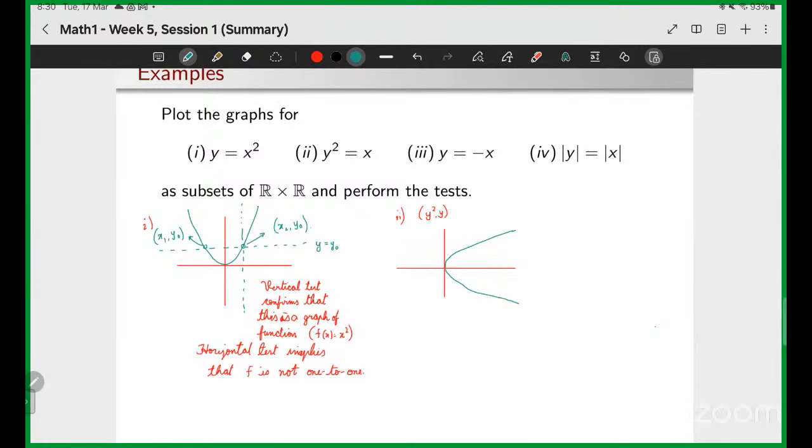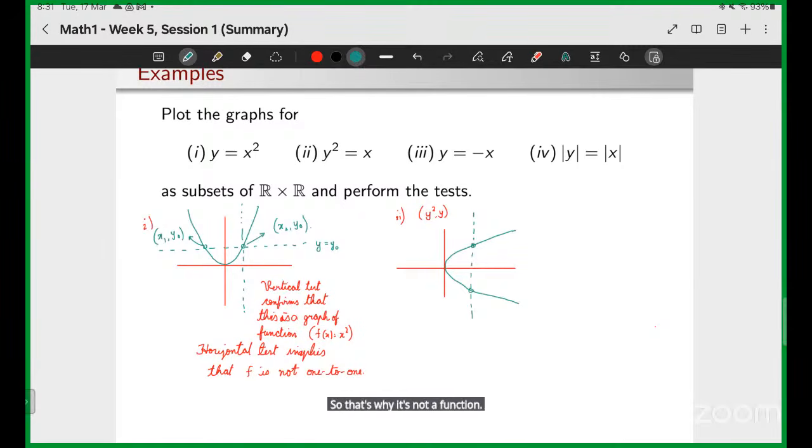Now, what does the horizontal and vertical test say? Vertical first. It intersects at two points, so that's why it's not a function. So it's not a function of x, right?